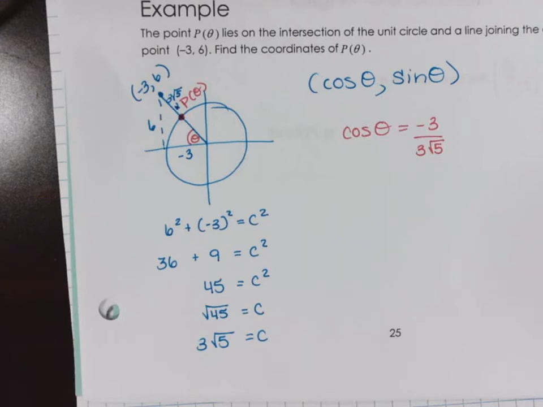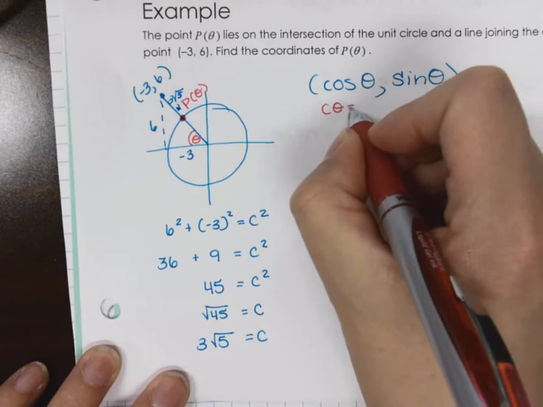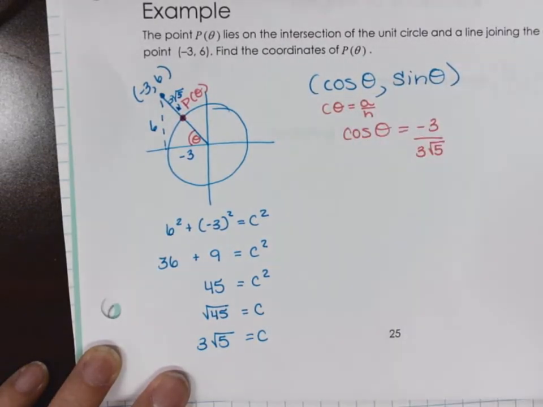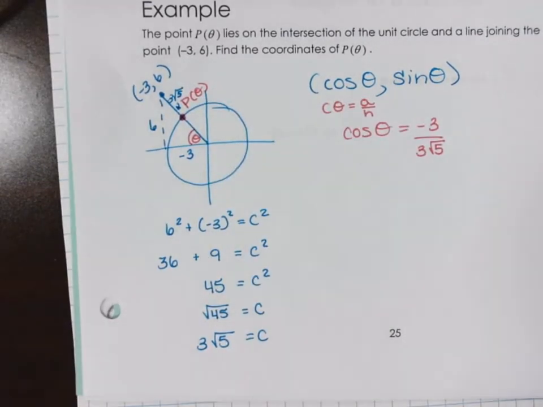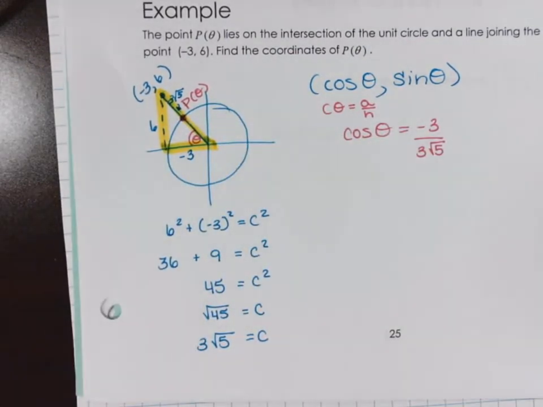Cos theta is equal to adjacent over hypotenuse. Okay, so that's the triangle I'm looking at.